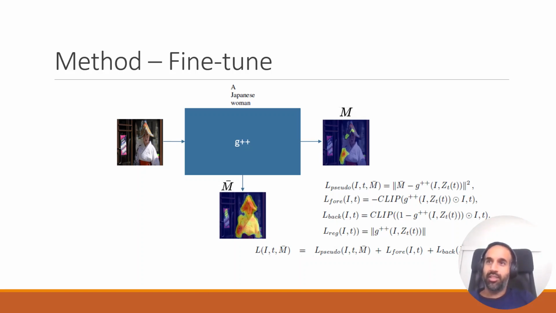We replace the explainability map of CLIP with M bar. We call this loss the pseudo label loss, which is just L2. So the output map of G++ needs to follow M bar. We also add the foreground and the background loss and the regularization from the previous paper.